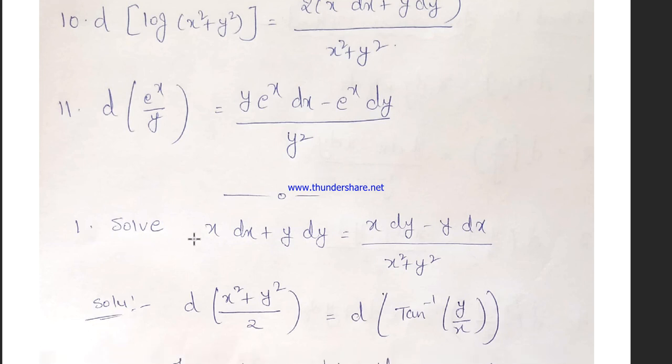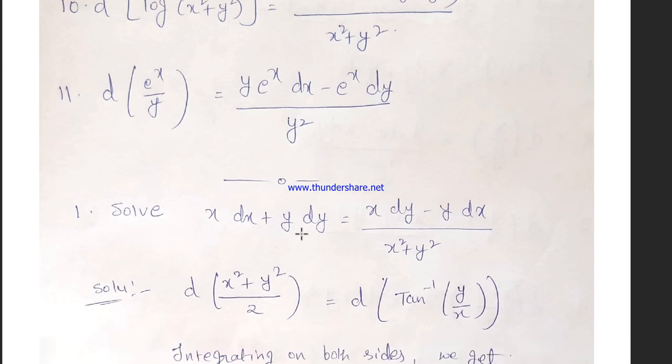Here the solved example is: solve x dx plus y dy equals (x dy minus y dx) by (x square plus y square). If you see this, we directly get an idea about d of (x square plus y square) by 2, because of x dx plus y dy. So x dx plus y dy is the derivative of (x square plus y square) by 2, equal to (x dy minus y dx) by (x square plus y square).